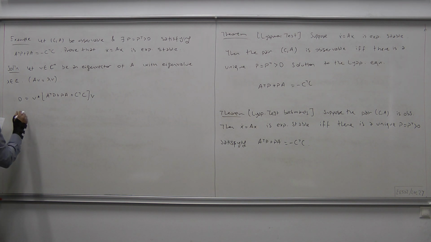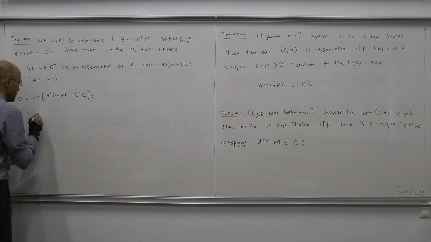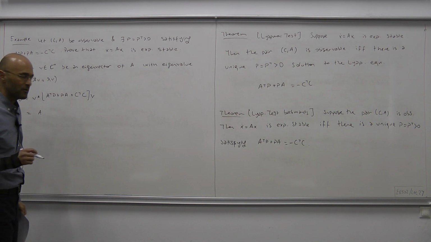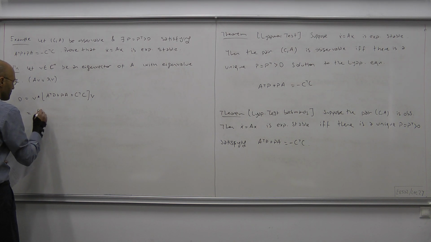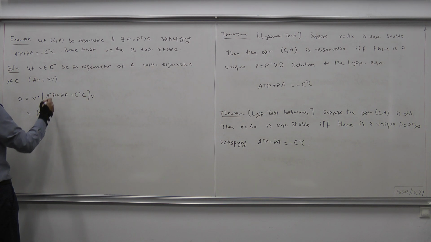Now let's play with the terms. Here we have V conjugate transpose times A transpose. Since A is a real matrix, that can be written as AV conjugate transpose times P. And then another V is coming from the other side.